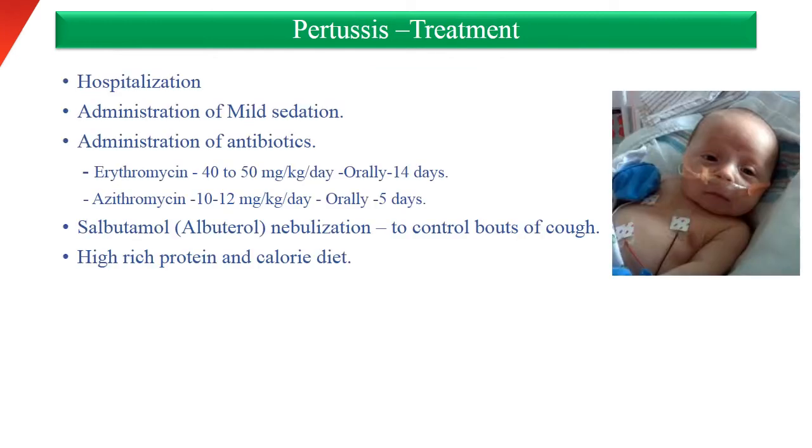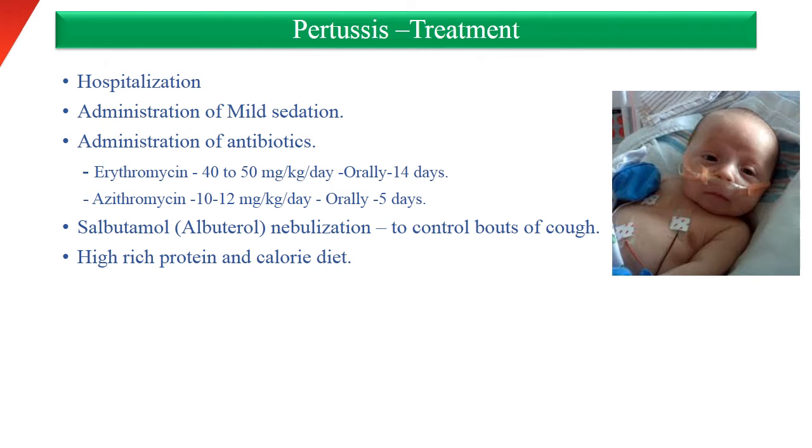Next is how it can be managed. Obviously, children who are having excessive whooping cough need to be hospitalized, and antibiotics need to be started immediately, and a mild sedation has to be administered to allay the anxiety.